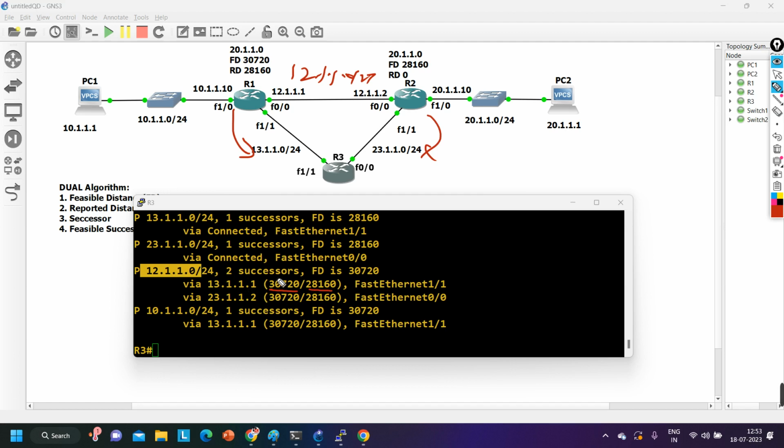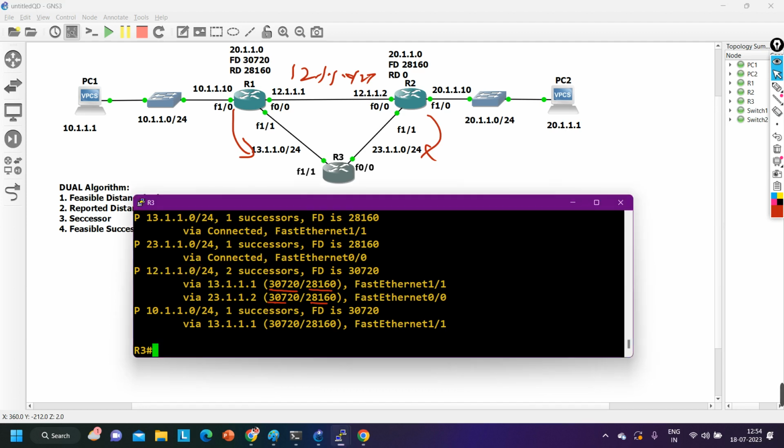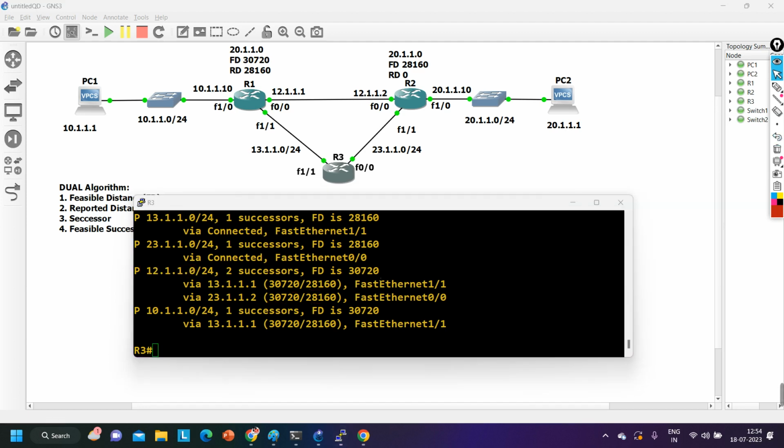So when router 3 is advertising, it is advertising with FD 30720 and RD 28160. It is also advertising with the same FD and same RD. Am I right? Yes. So what will the router perform? Load balancing. The router will perform load balancing because FD and RD from both sides are the same for the 12 network.